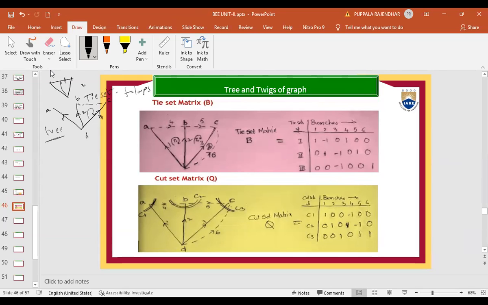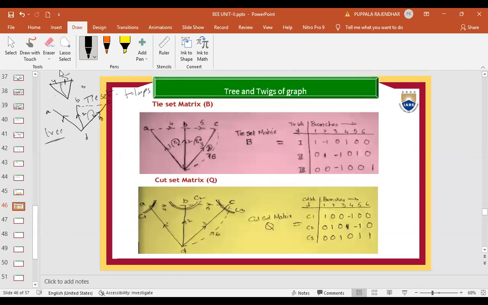If we take another link, that is element 4, this is element 5, right? 1, 2, 3. Now, if we take another link here, link 4, what happens here?